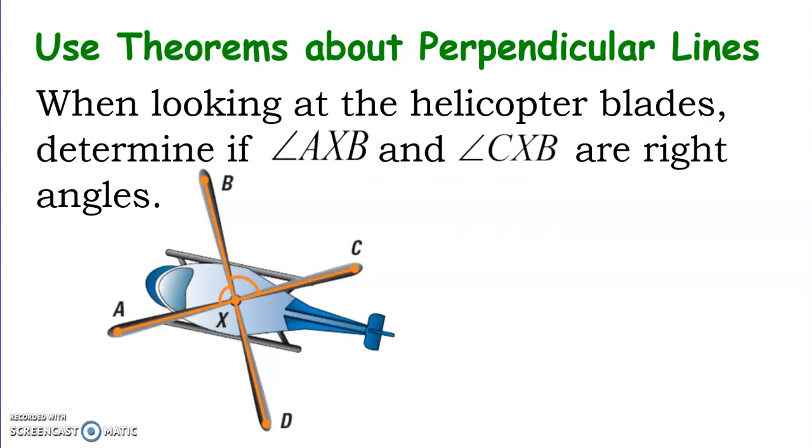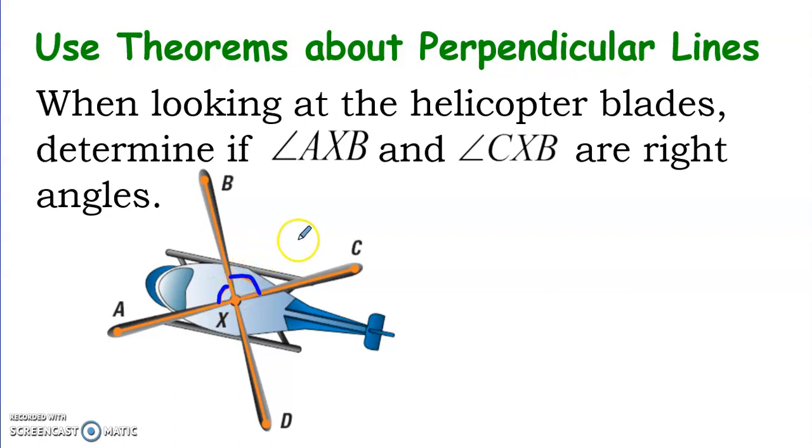So if you look at these helicopter blades to determine if angle AXB, which is marked here, and angle CXB, which is marked here, are right angles. Well, they are congruent because they both have one tick mark. They're adjacent because they're right next to each other.